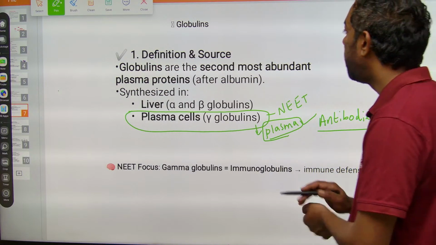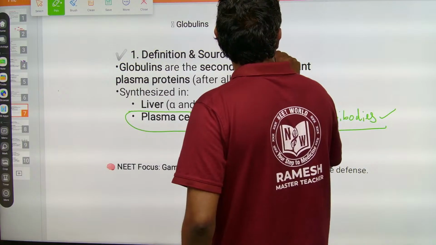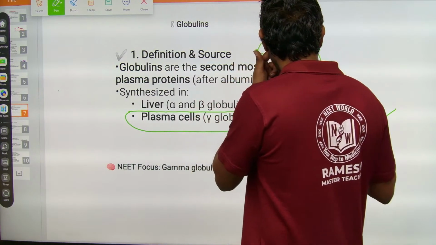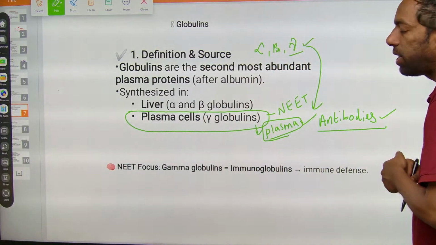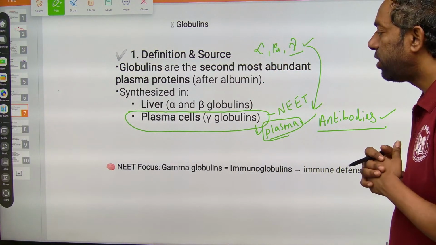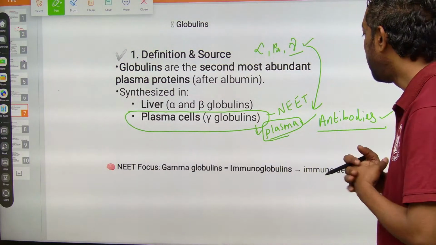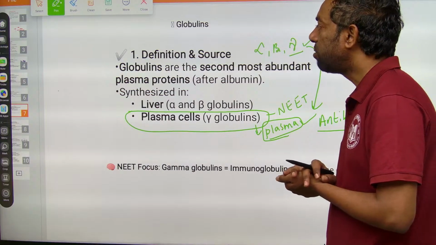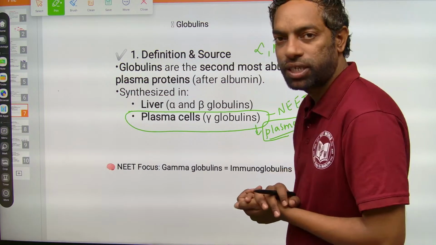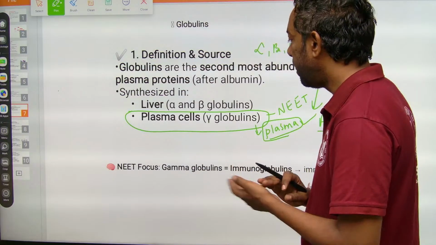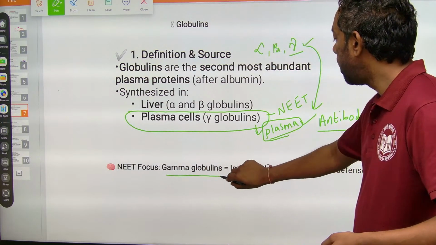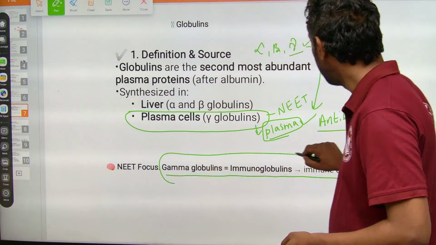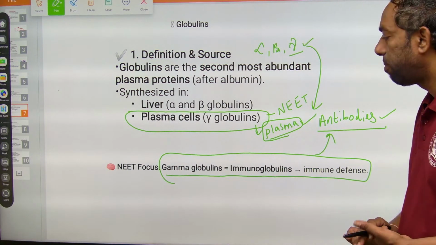Gamma is the most important, it is synthesized in plasma and is involved in the defense mechanism. Actually, gamma globulins are our antibodies. They are the second most important protein in the plasma. And NEET focus: gamma globulins are immunoglobulins, and the related condition is immune deficiency. Immunoglobulins are nothing but antibodies.